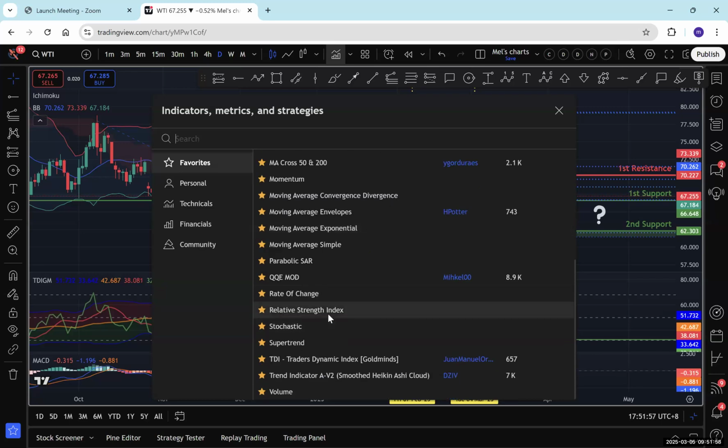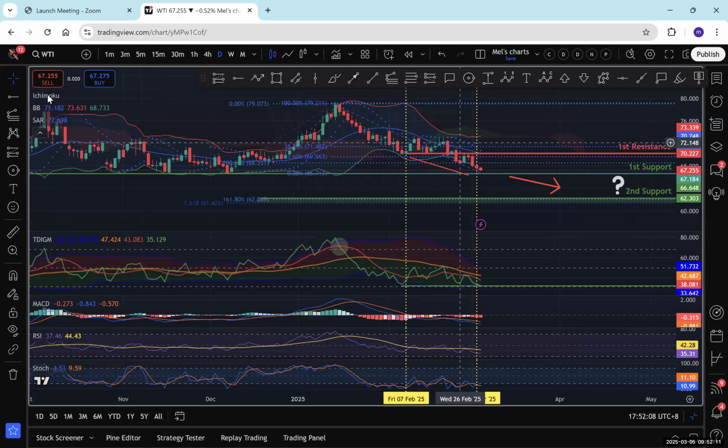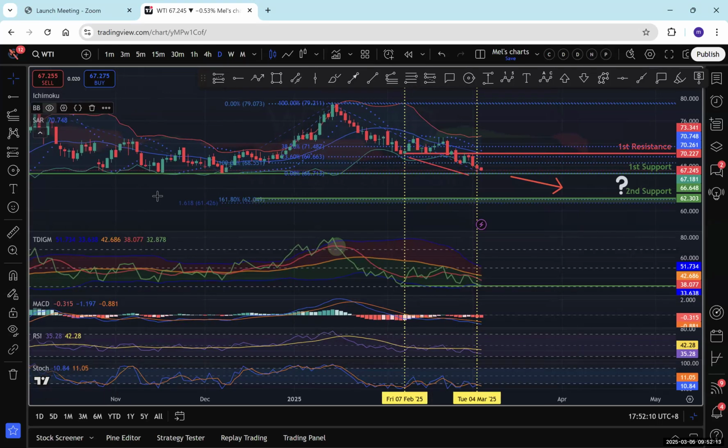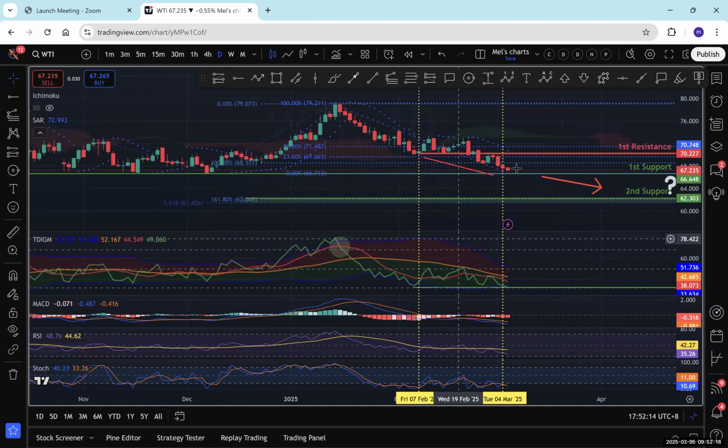We can maybe look at RSI and stochastic as well if you want to look at more momentum-based indicators. I like to look at SAR as well, so let's look at that. Okay, it's getting a bit messy. So on SAR, you can see prices moving below the dotted lines.